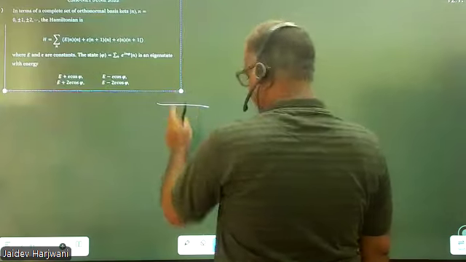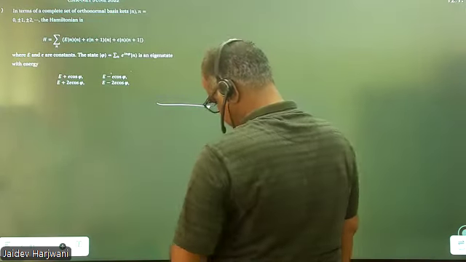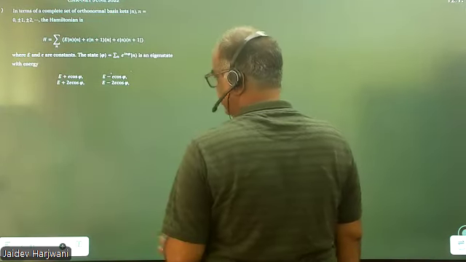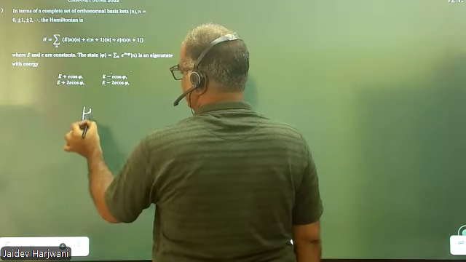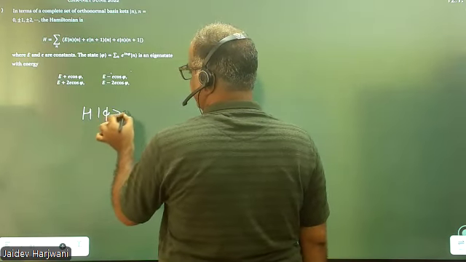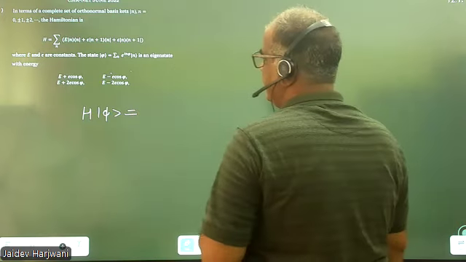So we have been given a Hamiltonian, say H, and we have a state phi. I want to find the eigenvalues.